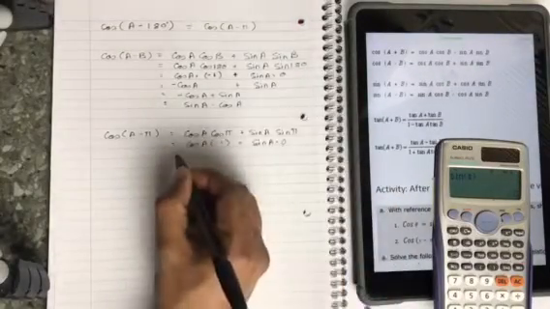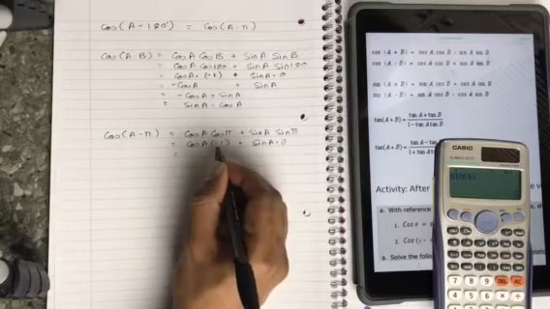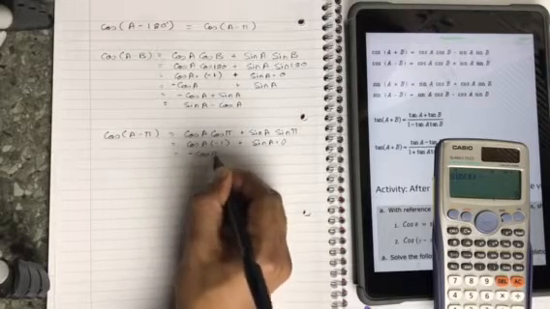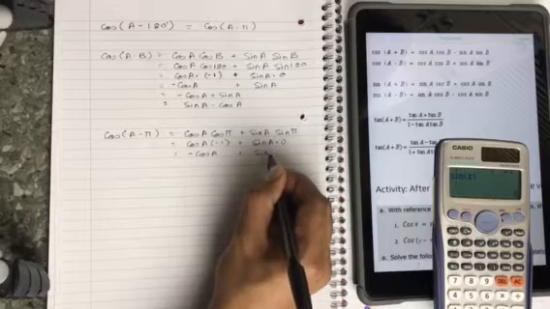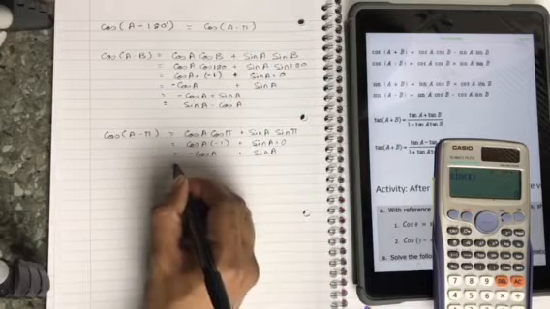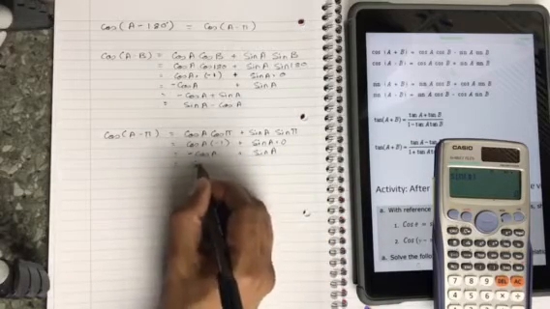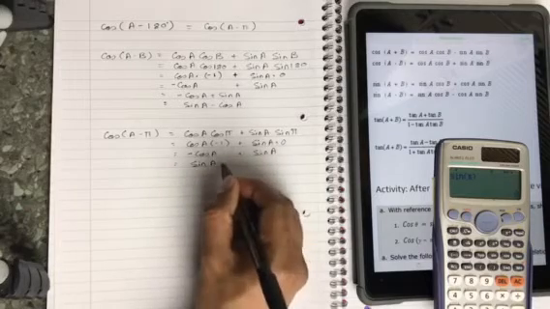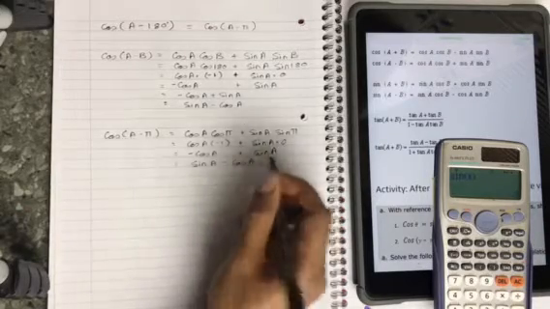So that's going to be equal to minus cos a plus sine a, or it's the same as sine a minus cos a.